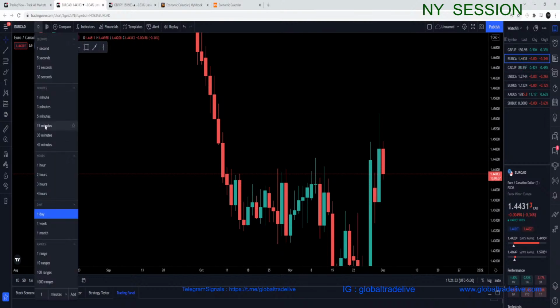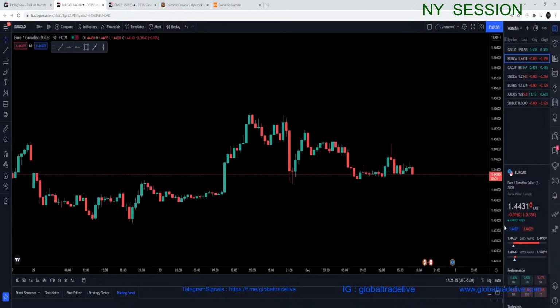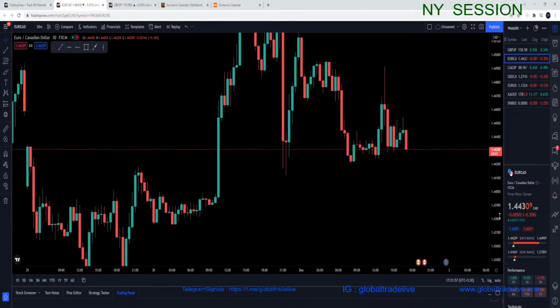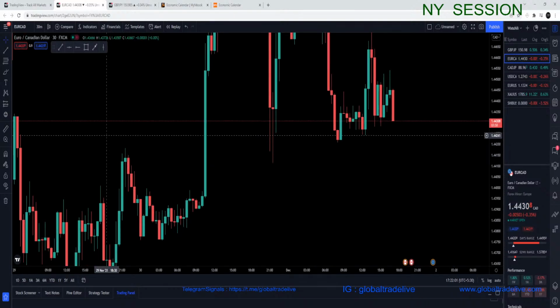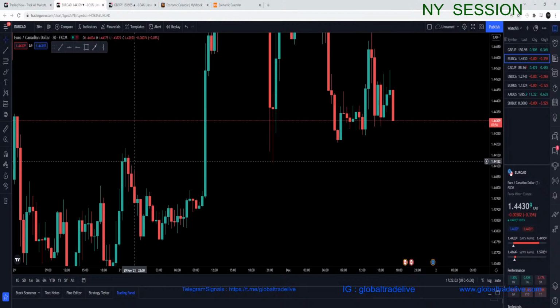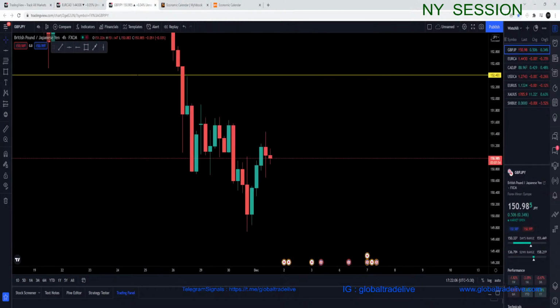Oh, this is daily. Okay, so below this we can sell, and there is a problem over here. Okay, anyways, so now this is for our GBP/JPY, and let's just analyze this.